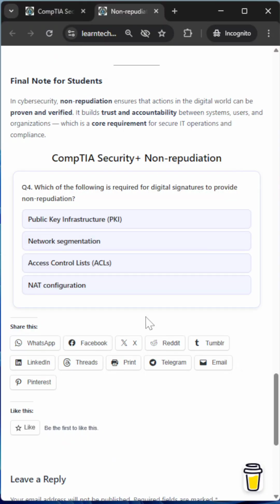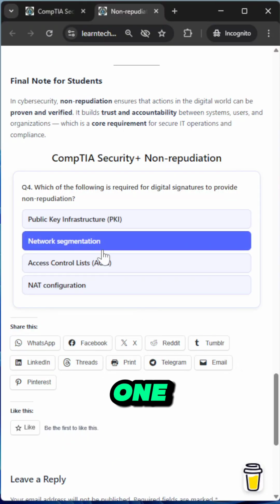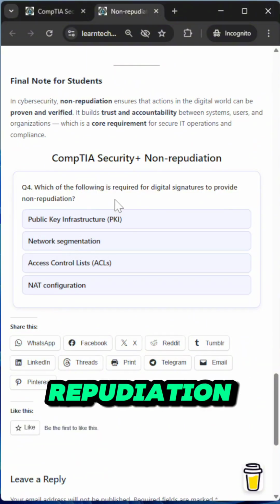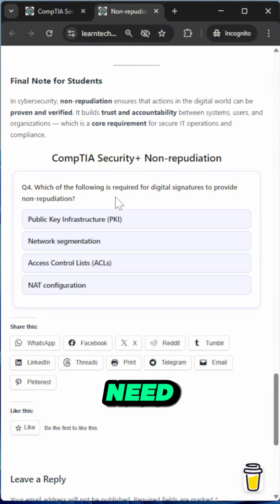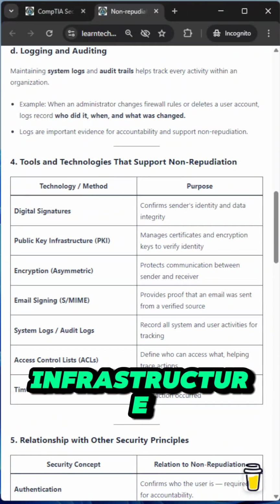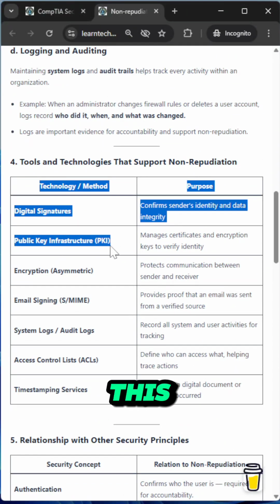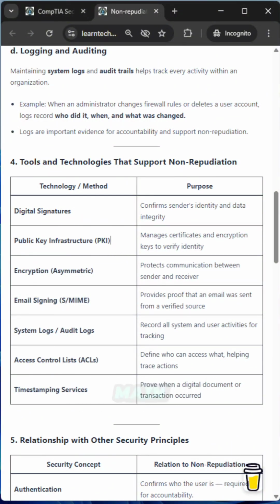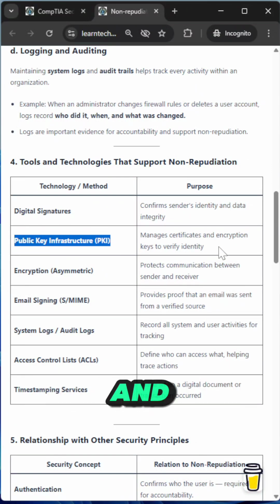All right, let's try one last one. Which of the following is required for digital signatures to provide non-repudiation? A digital signature is a part of public key infrastructure. That's the main concept and the main technology, and the digital signature is a part of it, along with managed certificates and encryption.